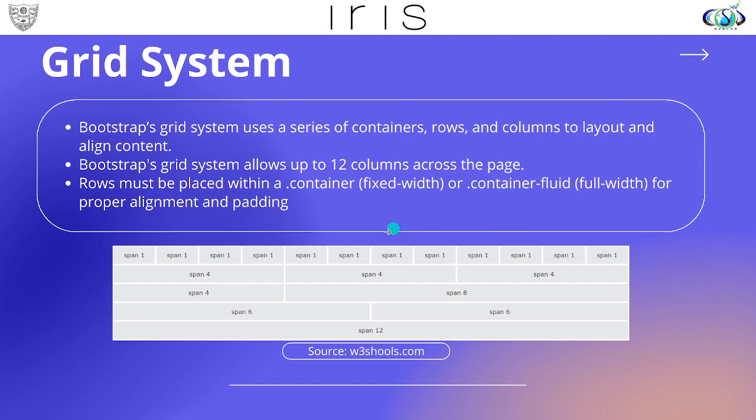So here the span1 elements represent each having width 1/12 of the row. Span 4 has 1/3, span 8 has 2/3, span 6 has half, and span 12 is the complete width. It must be noted that the total width is 12 and each component can have a minimum of 1 and maximum of 12.